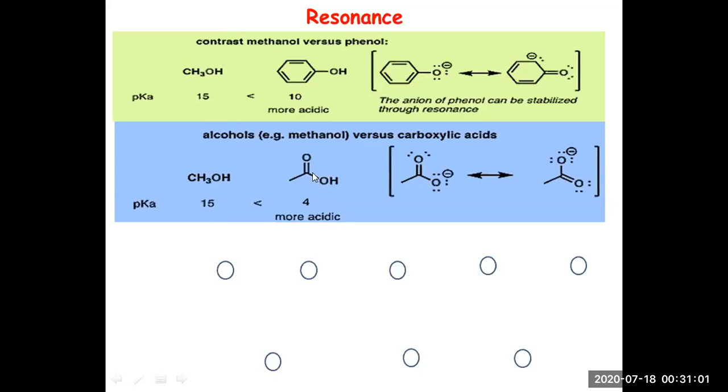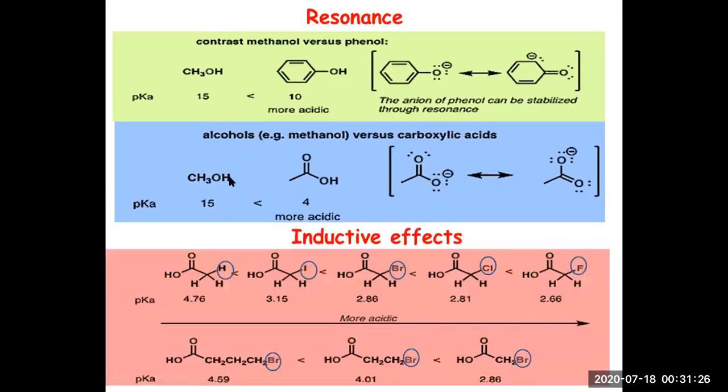Again, what is the deciding factor? The anion form is stabilized because of resonance. Carbonyl gives a resonance stabilization to this ion, as well as carbon is electron withdrawing, so it makes this anion highly stable. And if the stability of the anion increases, acidic strength will increase. No such stabilization is observed in case of methanol, therefore it is neutral in nature.